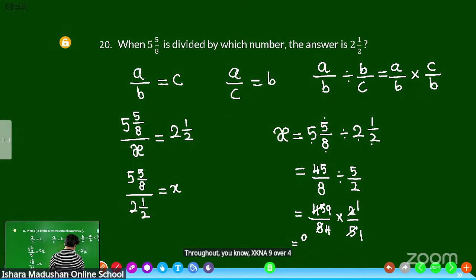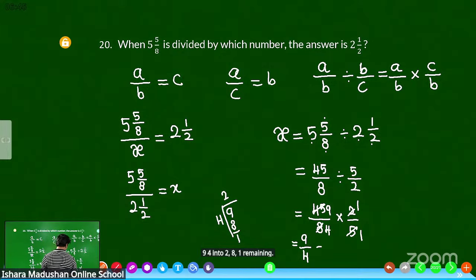We can write it as a mixed number: how many 4s for 9? 2, 2 into 4 is 8, 1 remaining. The whole number part is 2, numerator 1, denominator 4.